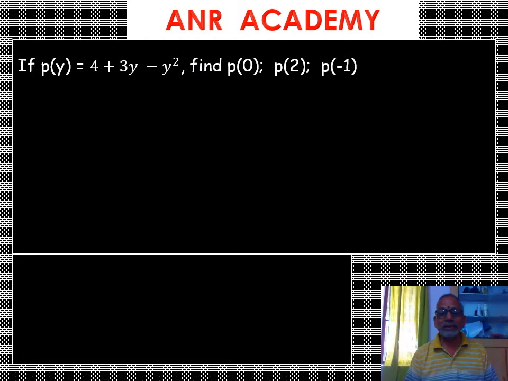To the next question. P of y is equal to 4 plus 3y minus y square. Here the variable is y. You have to find the value of this polynomial when the value of the variable is 0, 2 and minus 1.